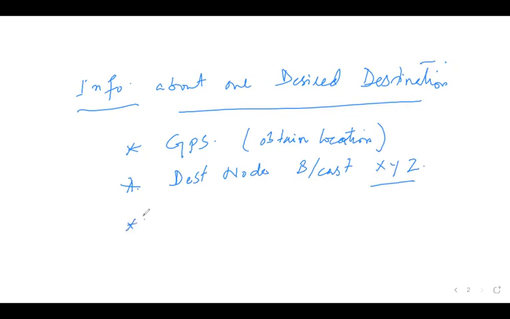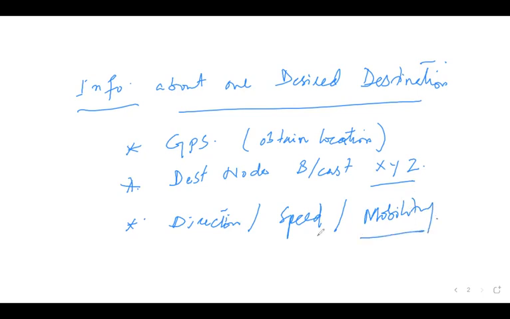Or similarly, we can also calculate the expected zone where the node could be, based on the direction in which the node is moving, similarly based on the speed, and then onward the mobility model. If, for example, it is going in a straight line, we can easily draw the expected zone.